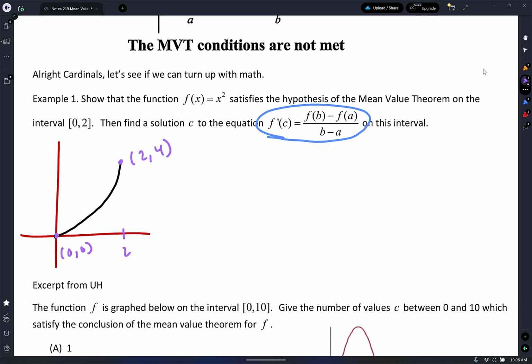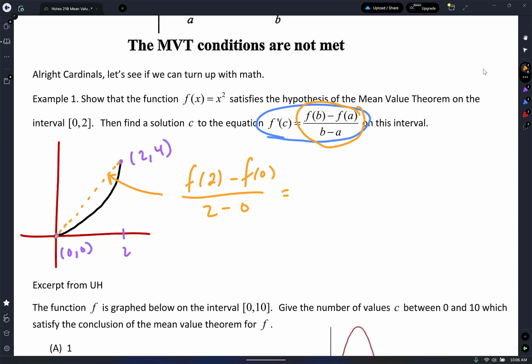We still okay? The slope, and let me see, what burnt orange? UT. The slope of that line right there, that's my secant line, is nothing more than f of 2 minus f of 0 over 2 minus 0. All I'm doing is the right side of this MVT. Have that confused anyone? Okay.